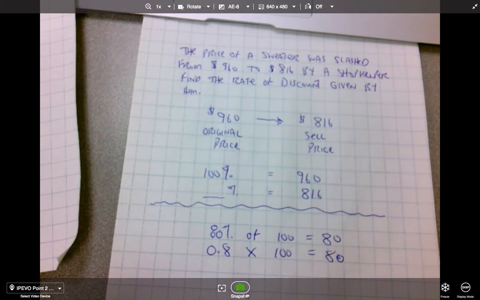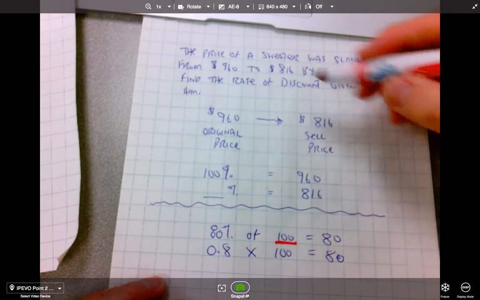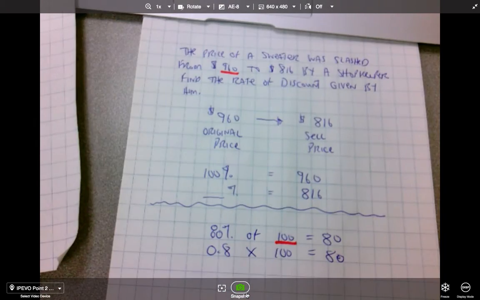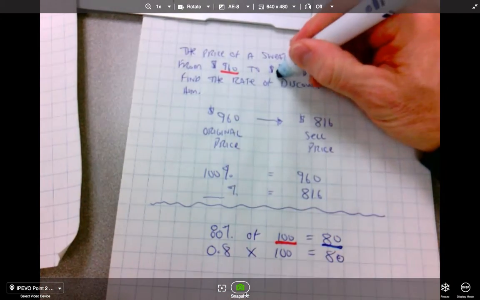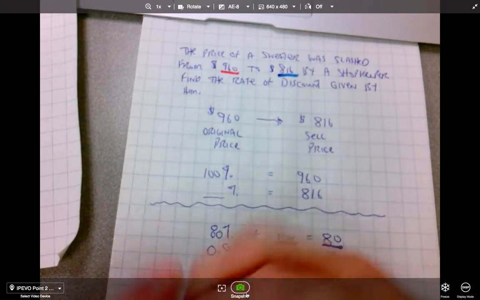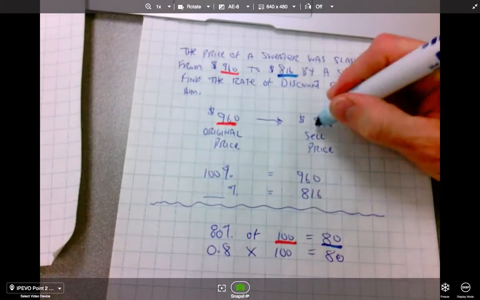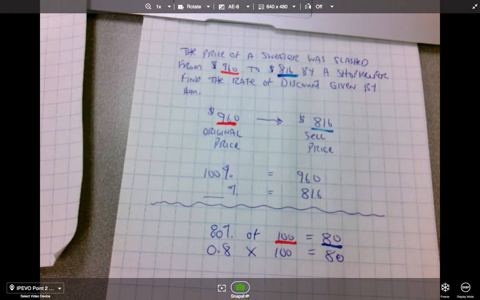So let's imagine that this is the original price, just like how this was the original price. And let's imagine that this is the sale price, just like how this was the sale price. So I'm just using easier numbers to work with to help us make sense of the problem.